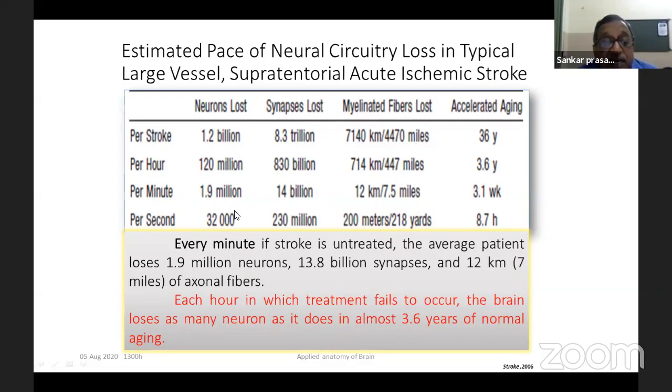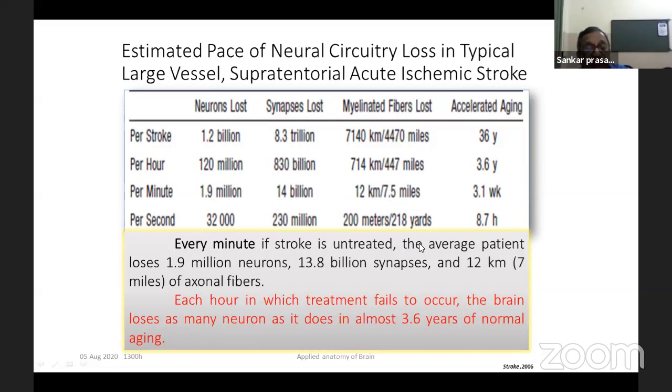Per second, 32,000 neurons are lost if blood supply is stopped, 230 million synapses are lost, and he ages by 8.7 hours per second. Every minute a stroke is untreated, the average patient loses about 1.9 million neurons, 13.8 billion synapses, and 12 kilometers of axonal fibers. Each hour in which stroke treatment fails to occur, the brain loses as many neurons as in almost 3.6 years of normal aging.